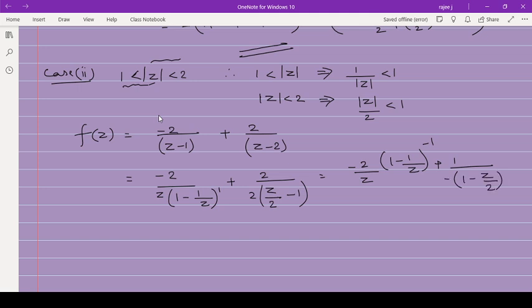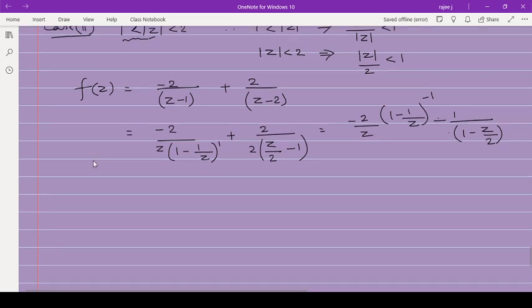So one negative sign is taken outside from here: 1 minus z by 2 and negative sign outside. Now this negative and this positive becomes negative here. Or that is equal to minus 2 by z into 1 minus 1 by z raised to minus 1 minus 1 minus z by 2 raised to minus 1. Now expand the series.